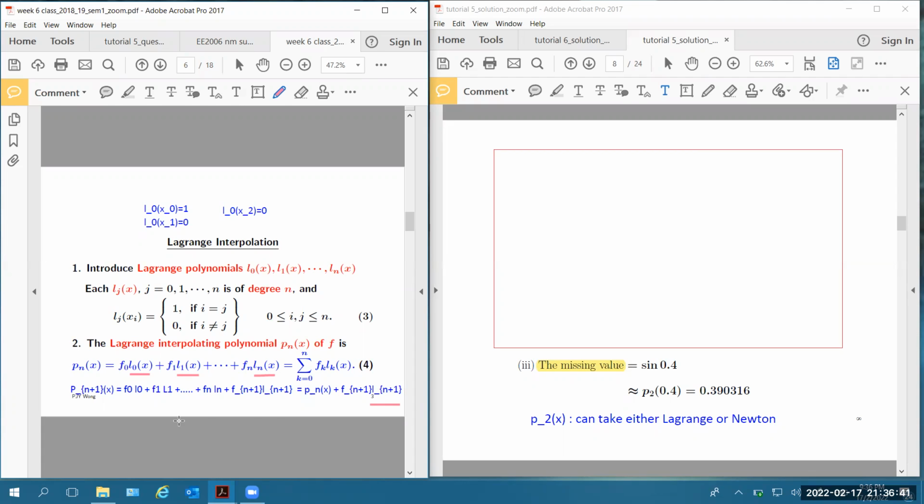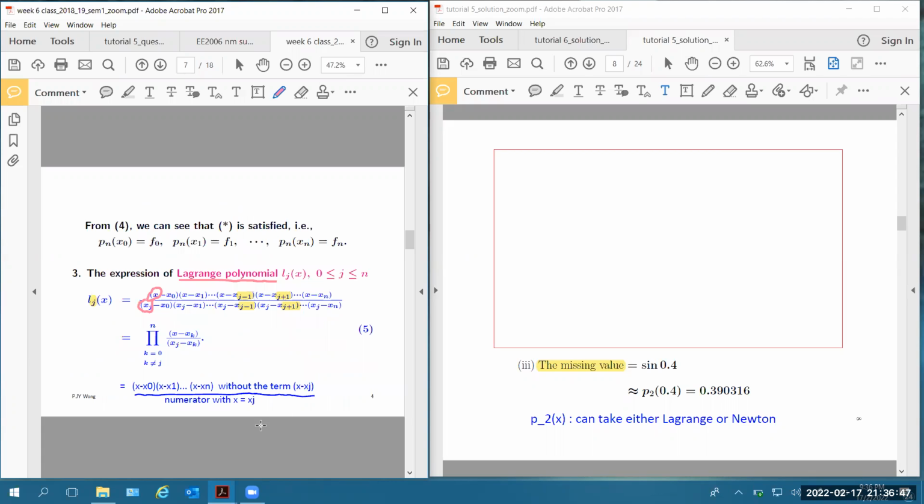All right, why no? Well, that's because of the definition of the L0, L1, Ln. You just look at the expression. You realize the expression is x minus x naught until x minus xn, that is if your last point is xn. But if your last point is not xn, that means you will have to multiply until x minus xn plus 1.